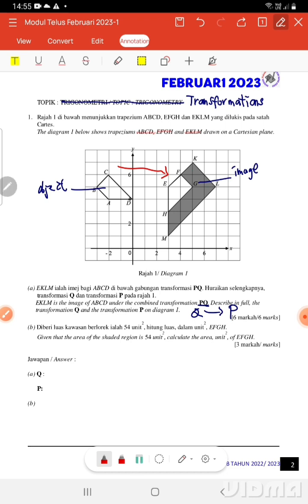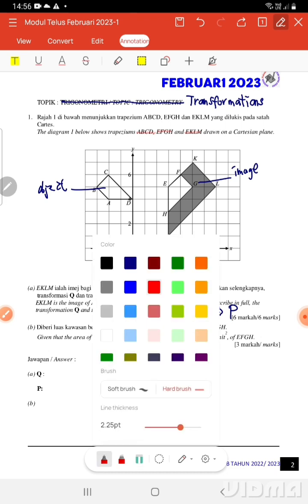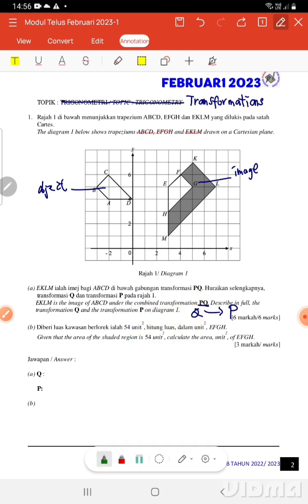If you see ABCD to EFGH, we can guess what happened is rotation. Good, rotation. So write rotation first in the answer space.